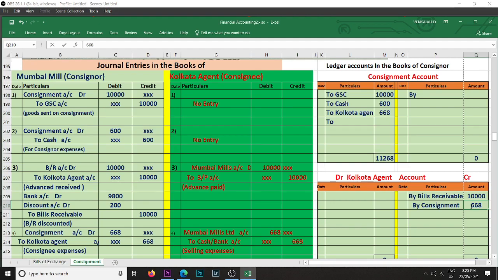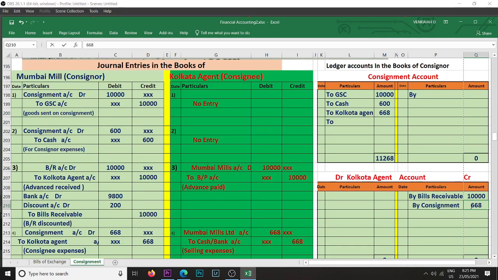Bank account debit to Kolkata agent account, 263. Here also 263. Balance received.